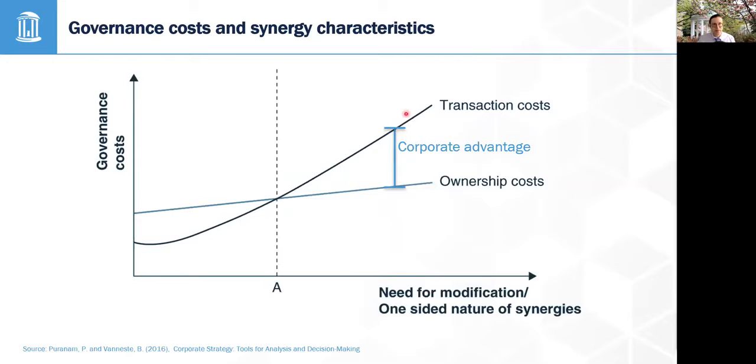And the gap between these two is what you would see as corporate advantage. So if you have two business units in the same company creating a particular set of synergies, the cost savings by managing those synergies within the company as opposed to between companies is the size of your corporate advantage.